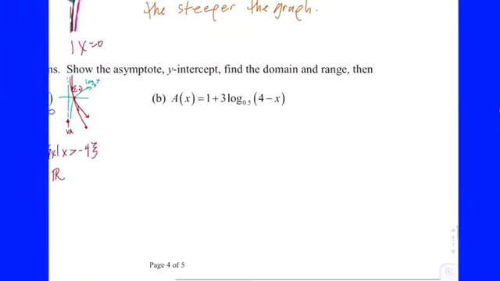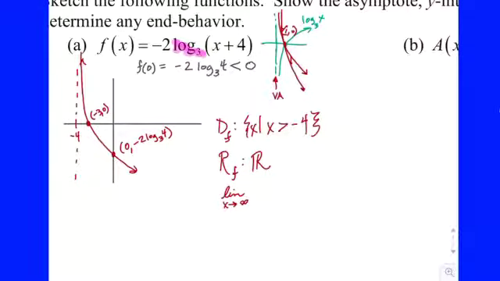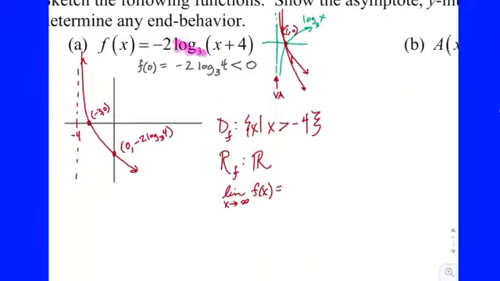Let's look at the end behavior, okay? So let's do the right end behavior first. What's the limit as x goes to positive infinity of f of x? Hop on the graph, head out to the right. Where are the y values heading? Negative infinity. They're going down, down, down. And here's an interesting question. What is the limit as x goes to negative infinity?